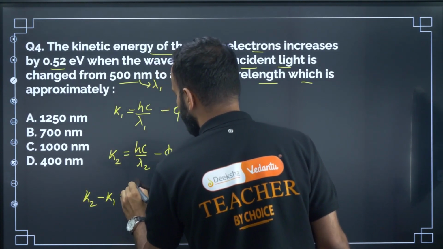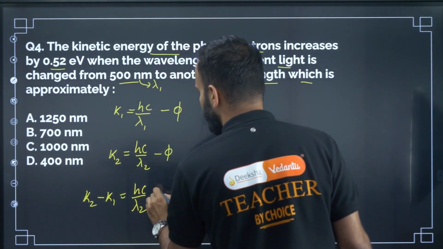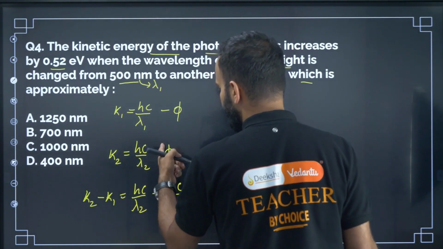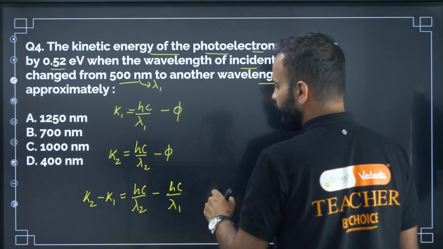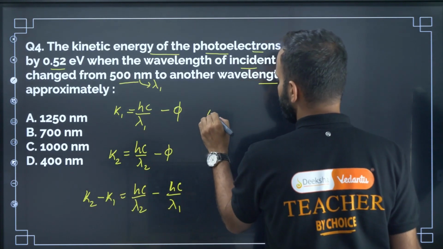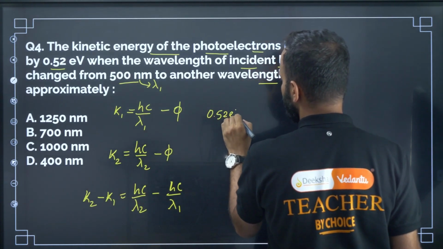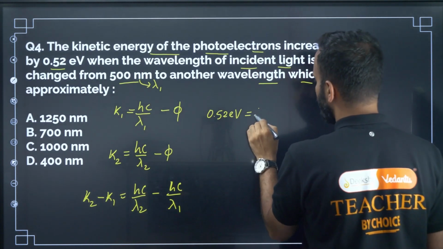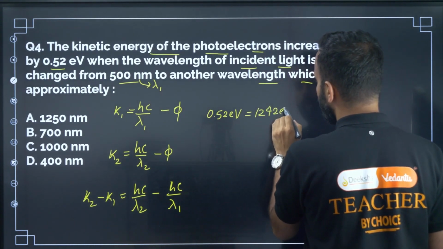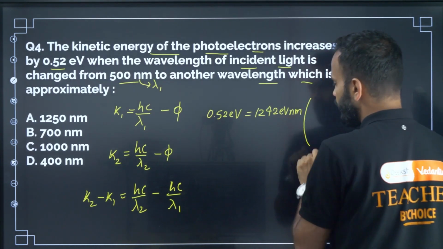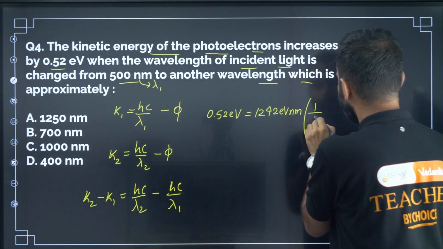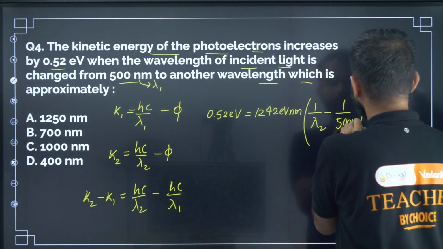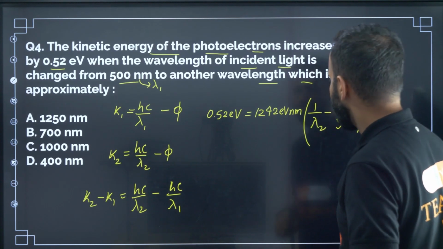So take the difference between K2 and K1. K2 minus K1 is equal to hc by lambda 2 minus hc by lambda 1. Phi and phi will get cancelled, okay? Now K2 minus K1 is 0.52 electron volt, which is equal to hc, which is 1242 electron volt nanometer, into 1 by lambda 2 minus 1 divided by 500 nanometer, right?